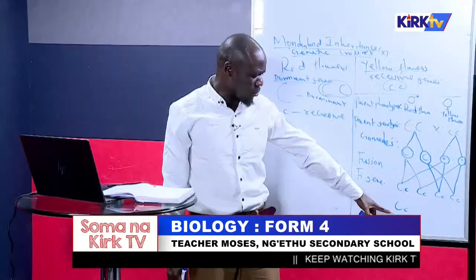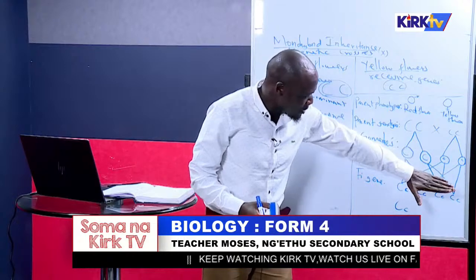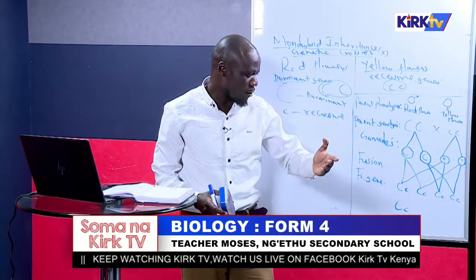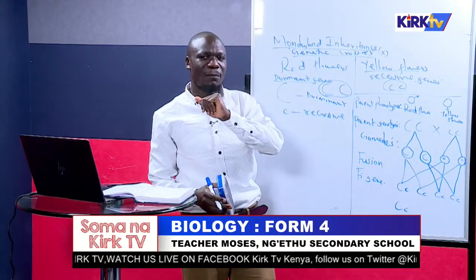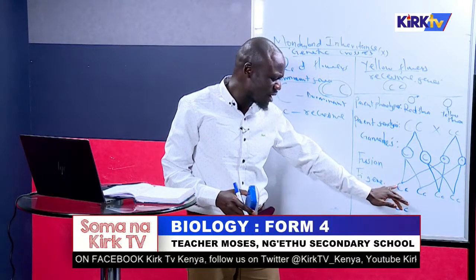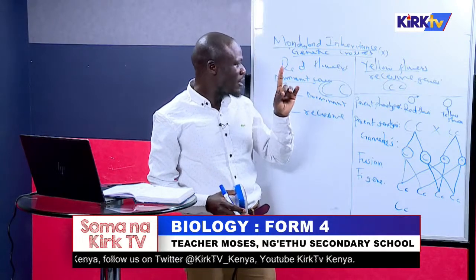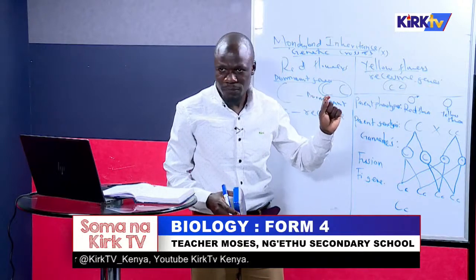And what if somebody asks you about the phenotype? The phenotype is the observable feature of this organism. Here, when I have capital C, small c, remember capital C is a dominant gene, while small c is a recessive gene.